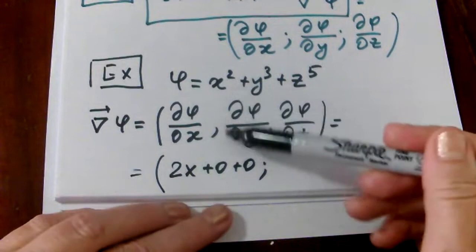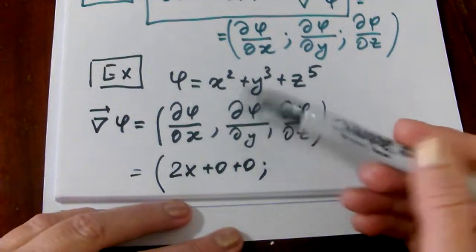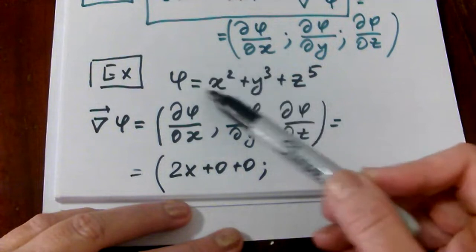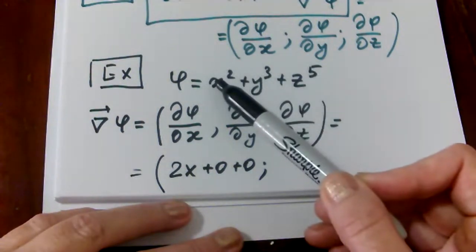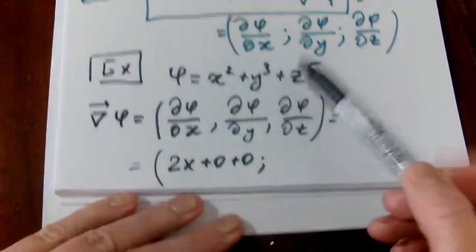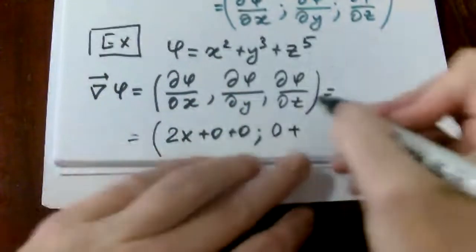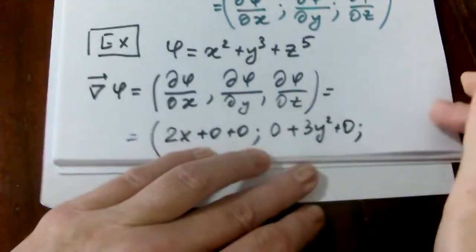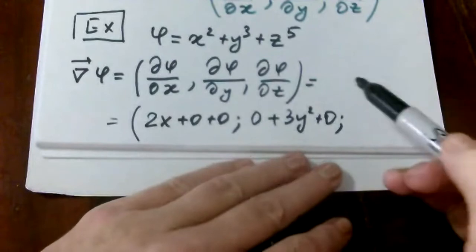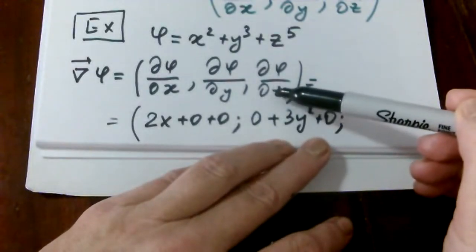Now, when we start dealing with the derivative over dy, you need to freeze x and z, which means in our case that the first term and the last term become constants. So it looks like 0 plus the derivative of y cubed, which is 3y squared, plus 0. And finally, we are dealing with the derivative over dz.